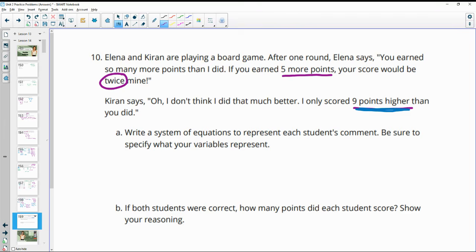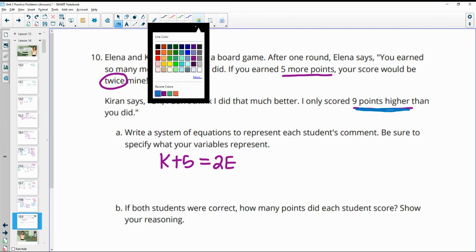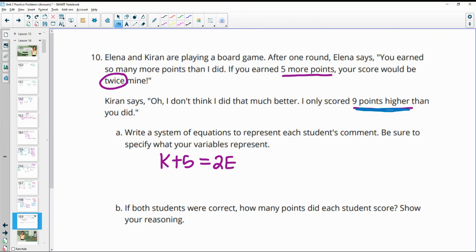Elena said that if you scored 5 more points, so she's saying if Kieran's score plus 5 more points, so if Kieran had scored 5 more, then his total would equal 2 times hers. Then Kieran said that he only scored 9 points higher than she did.